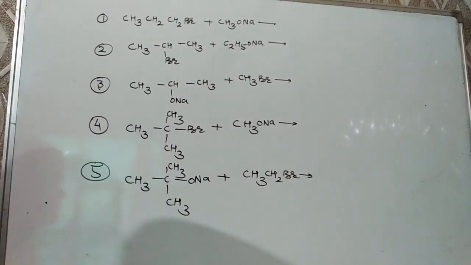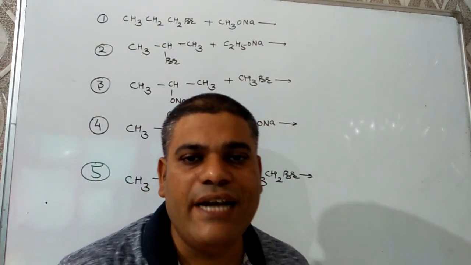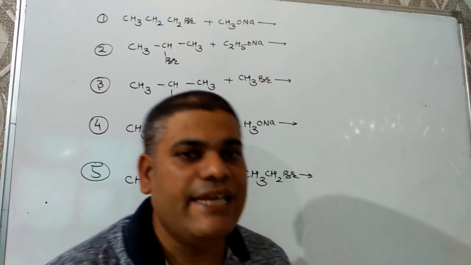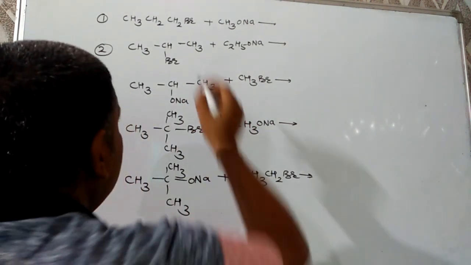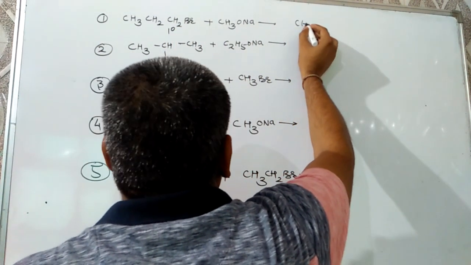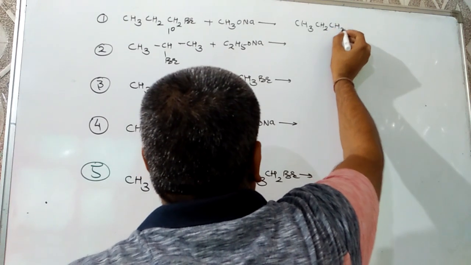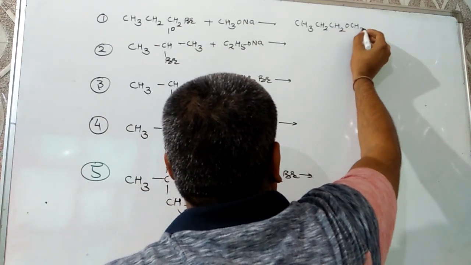As I have mentioned, only primary haloalkanes form ethers, while secondary and tertiary haloalkanes will form alkenes. In the first case, the haloalkane is primary, so ether formation takes place. The product formed will be CH3CH2CH2OCH3 plus NaBr.